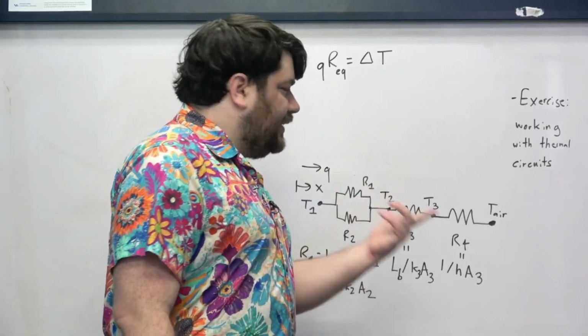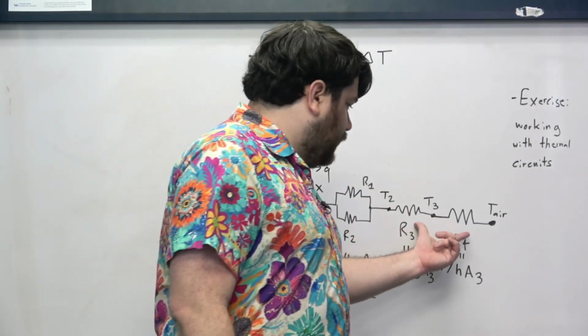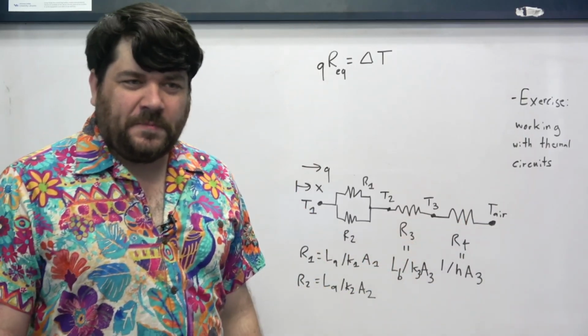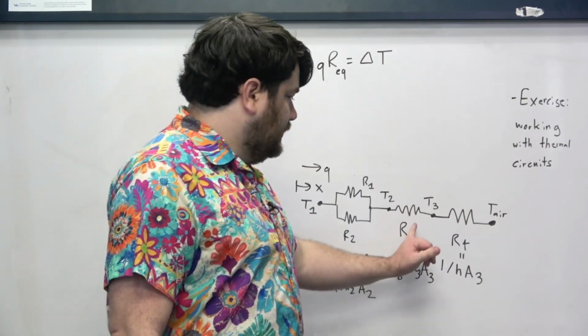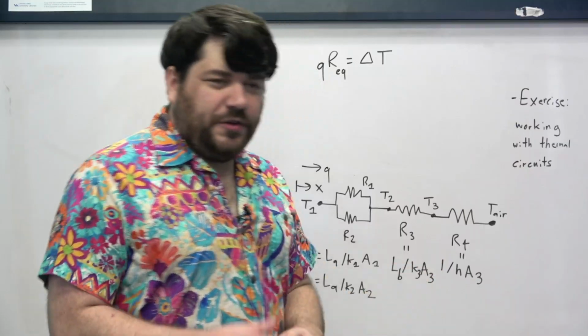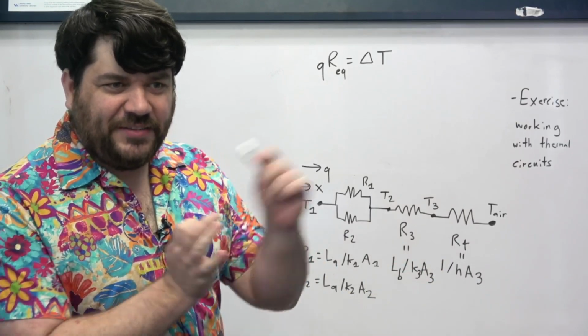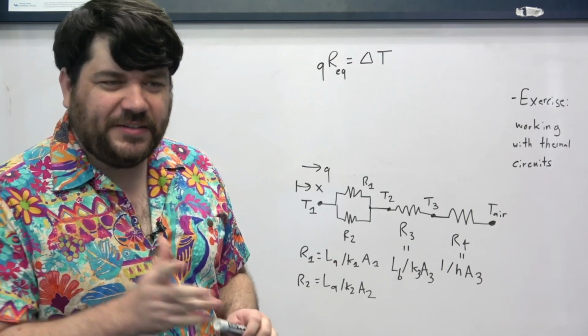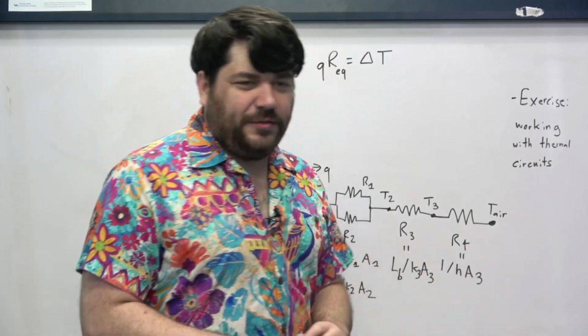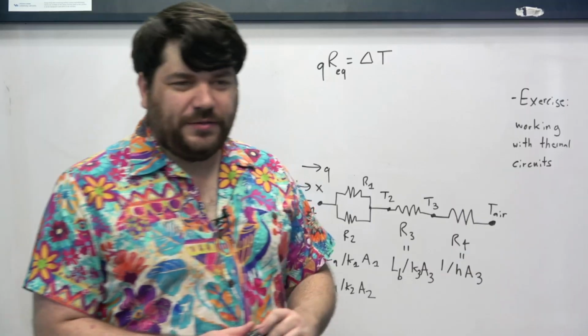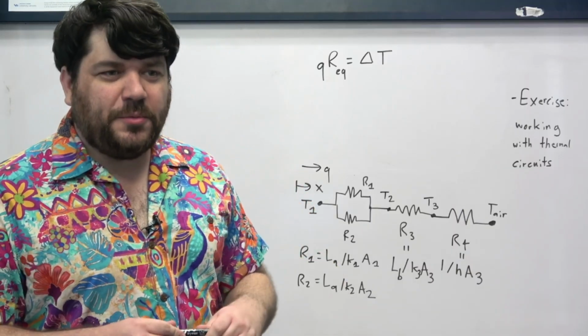So let's take a look at this little chunk of thermal circuit over here. Okay, so these two are just two thermal resistances in series, right? They're connected front to back. And it doesn't matter that this is a convective thermal resistance or that this is a conductive thermal resistance, because in thermal circuits, who cares, right?